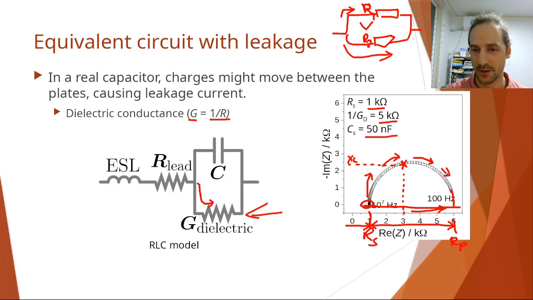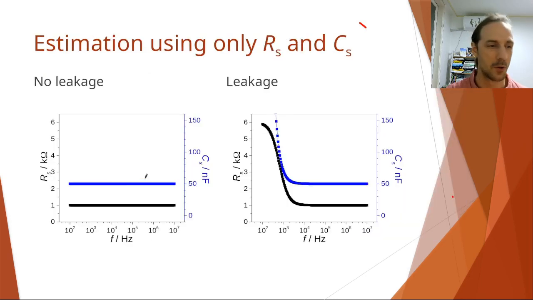This is going in a semicircle. So what we can get here is that if we really don't have a leakage, then this is a capacitance and this is resistance. No leakage, so it is really series resistance and series capacitance. So at every frequency, same value, we can get it. Of course, in real measurement there is always some noise, so there will be ups and downs, but in general you should just get straight lines.